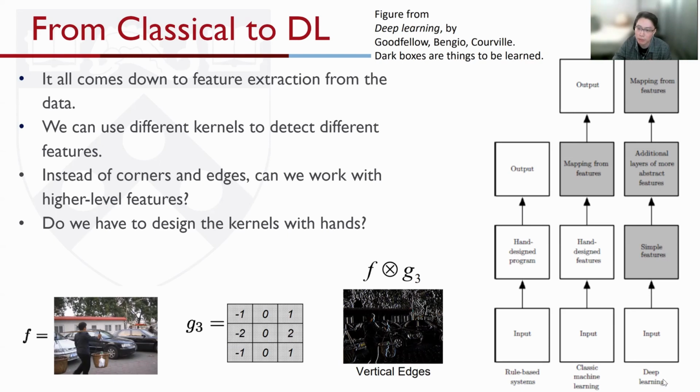So in terms of deep learning, we're not making the features by hand. We're also not making the combinations of these features by hand. We're not making the mapping between the features and the end output by hand. And so everything is learned.